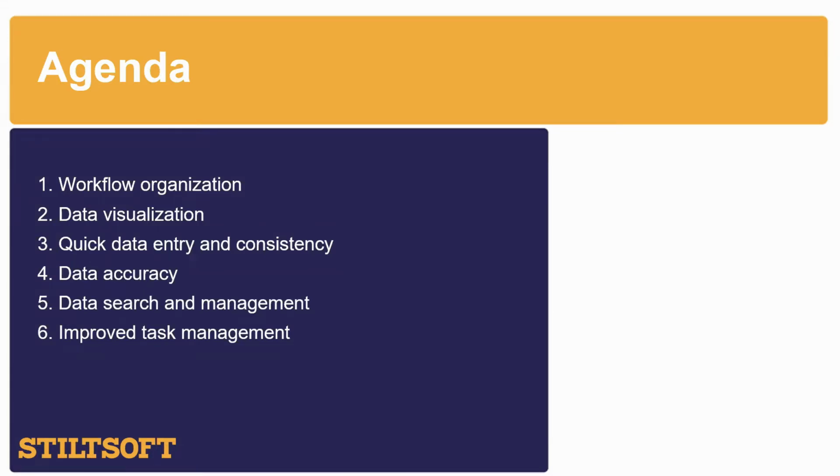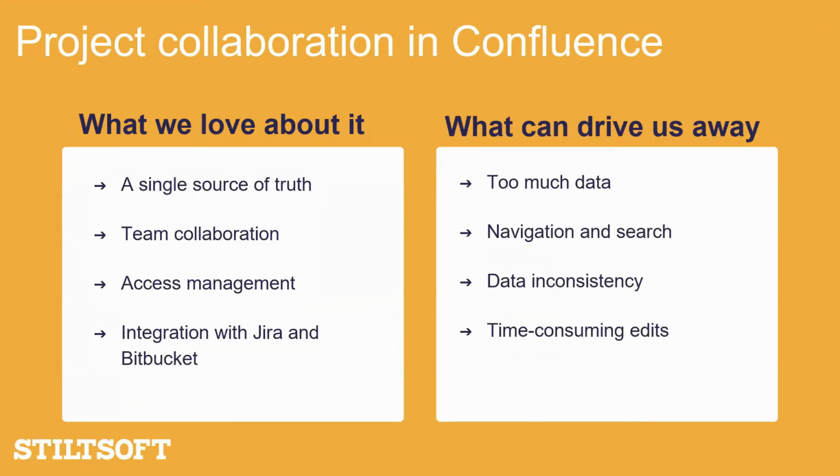And we'll also have a look at the ways to improve your task management while working in Confluence. Because let me guess, you maybe have too many tasks on your daily list. So that's really important to boost your task management.